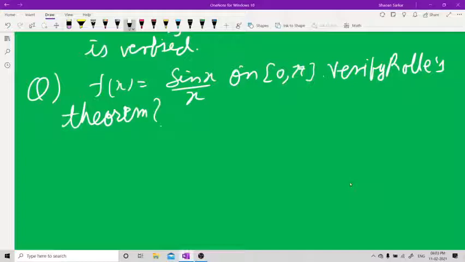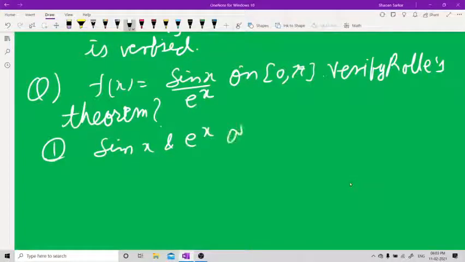Now, the first point is: I think it is sine x upon e to the power of x. I made a mistake in this question. Sine x and e to the power of x are continuous.